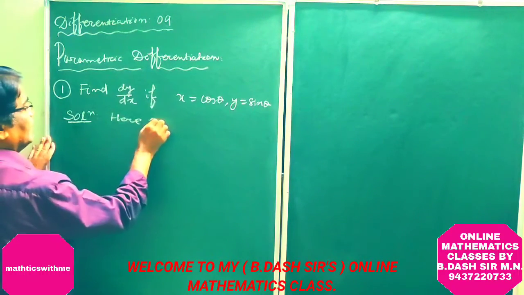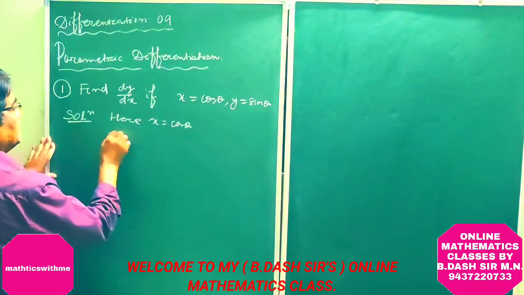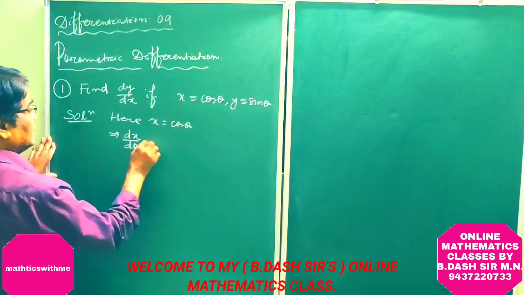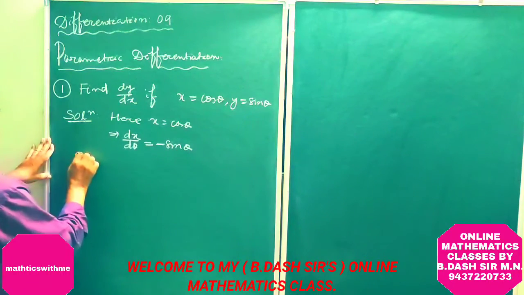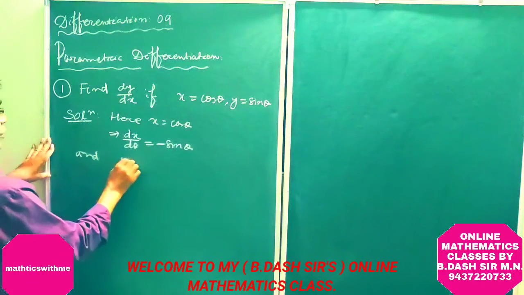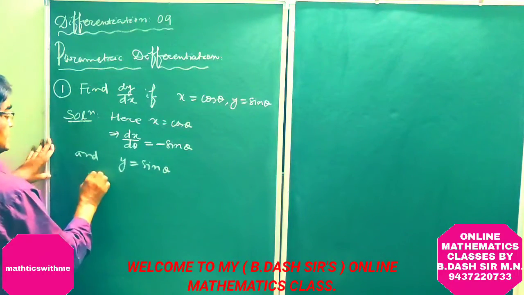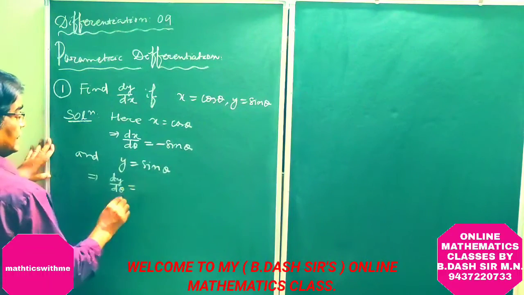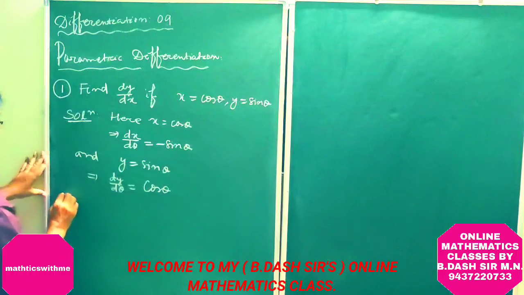Here x is equal to cos theta, which implies dx by d theta is equal to minus sin theta, and y is equal to sin theta. This implies dy by d theta is equal to the derivative of sin theta, which is cos theta.